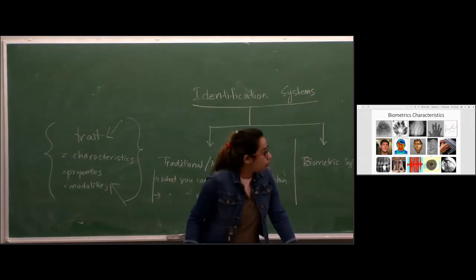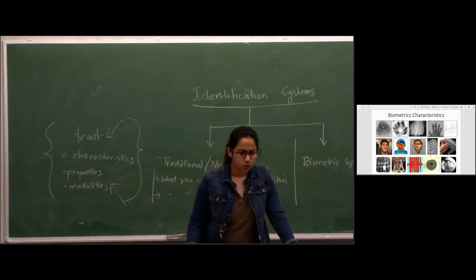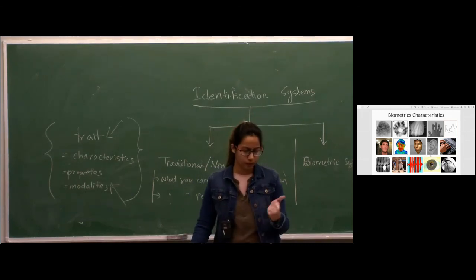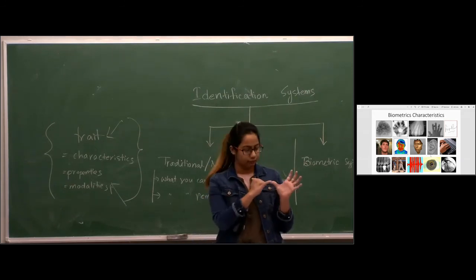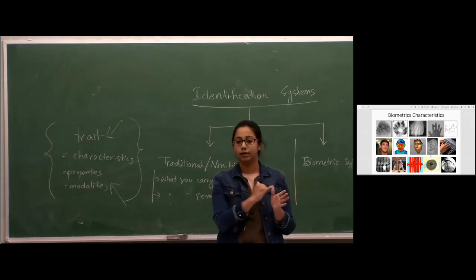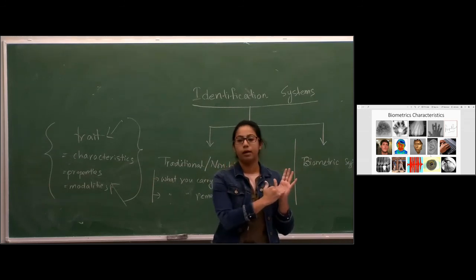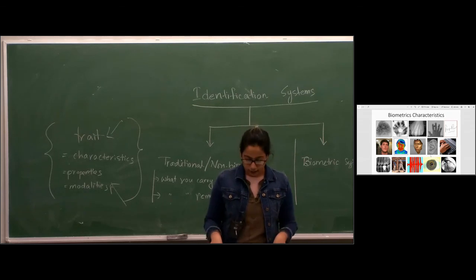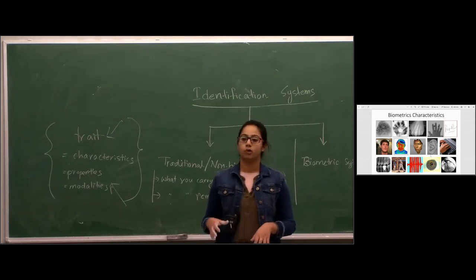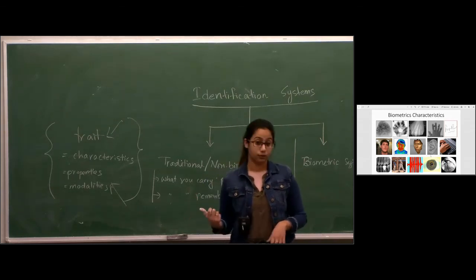Then the second one is palm print. If you look very closely at your palm, you see that there are so many patterns. Like in the finger you have patterns, you will find similar patterns in the palm, and these patterns are unique for everybody. So that's the reason palm print is another good candidate for a biometric system.